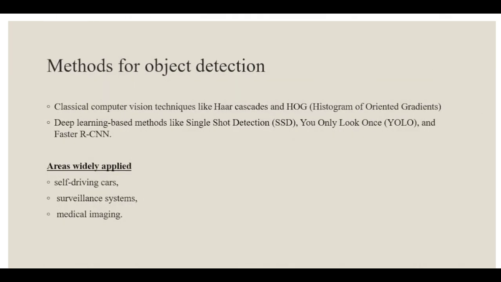There are several methods for object detection, including classical computer vision techniques like Haar cascades and HOG, histogram of oriented gradients, and deep learning-based methods like single-shot detection (SSD), You Only Look Once (YOLO), and Faster R-CNN. Object detection is widely used in a variety of applications, including self-driving cars, surveillance systems, and medical imaging.